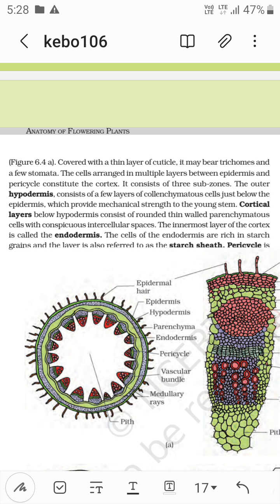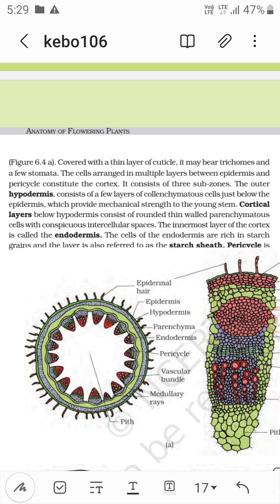The outer, that is the hypodermis, consists of a few layers of collenchymatous cells just below the epidermis, which provide mechanical strength to the young stem. The cortical layer below the hypodermis consists of rounded thin-walled parenchymatous cells with conspicuous intercellular spaces.